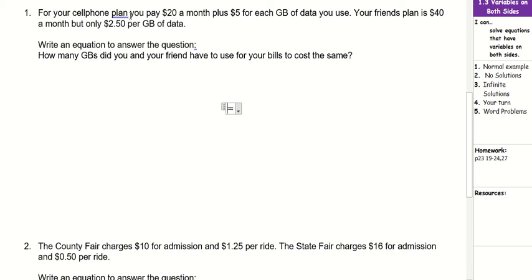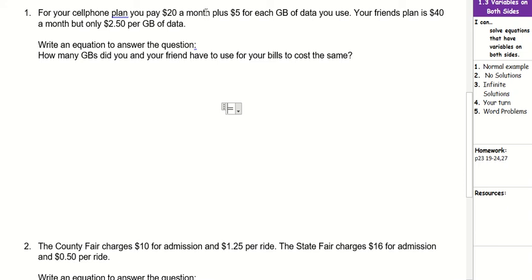So for your cell phone plan, you pay $20 a month plus $5 for each gigabyte of data you use. Your friend's plan is $40 a month, but only $2.5 per gigabyte of data. So your plan on one side of my equal sign, the friend's plan is on the other side.